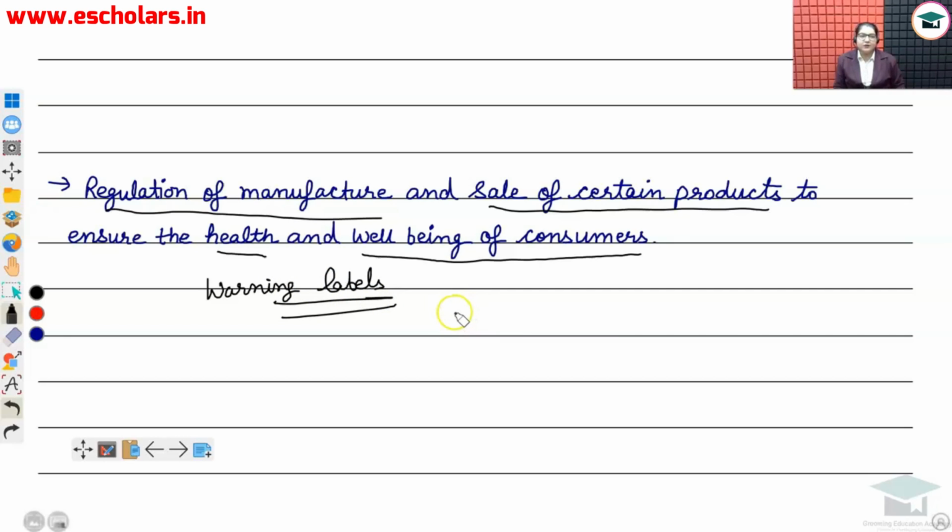On every packet of cigarettes there is such a label. It is one example of the regulation of manufacture and sale of certain products to ensure the health and well-being of consumers.